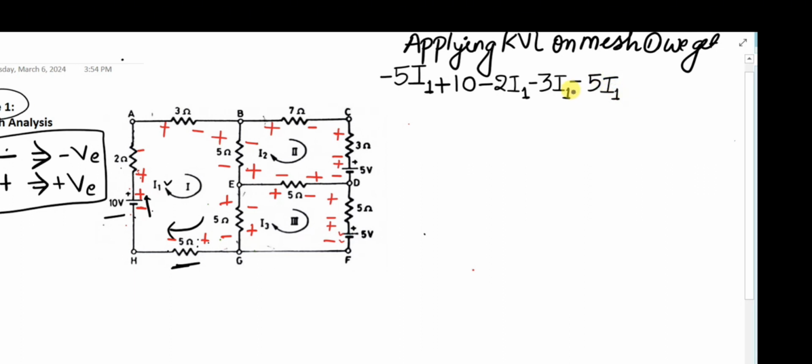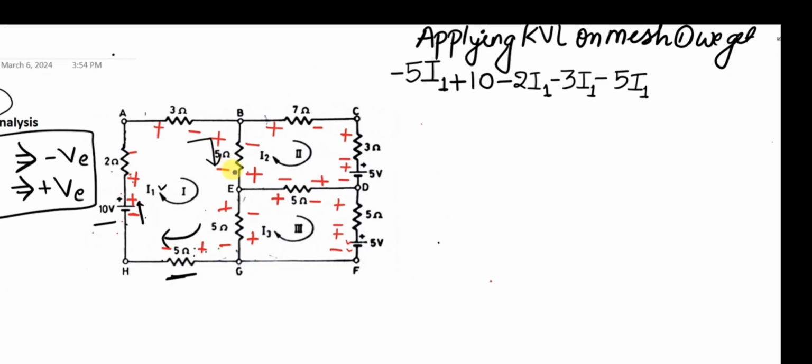Now you have to be more careful at this point. Once you get the idea of what to do in such a case, you can solve further problems too. Let me explain it again. Since the 5 ohm lies between mesh 1 and mesh 2, I1 is flowing in that 5 ohm and I2 is also flowing in that 5 ohm.